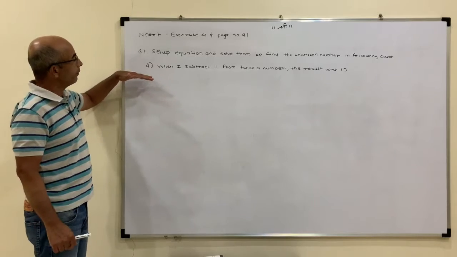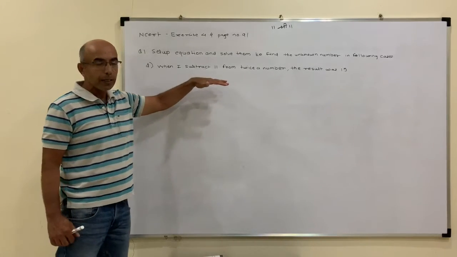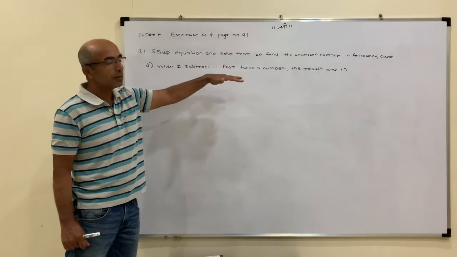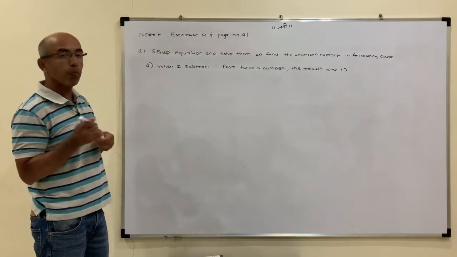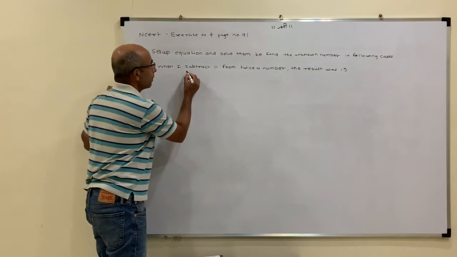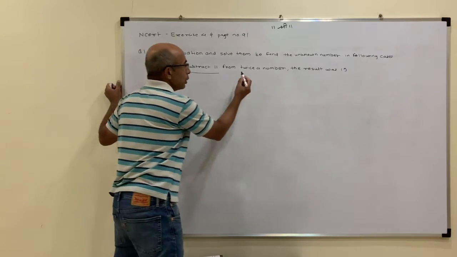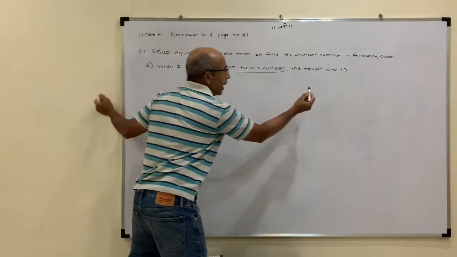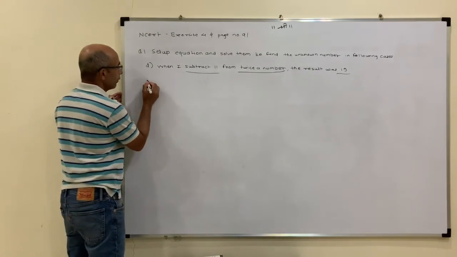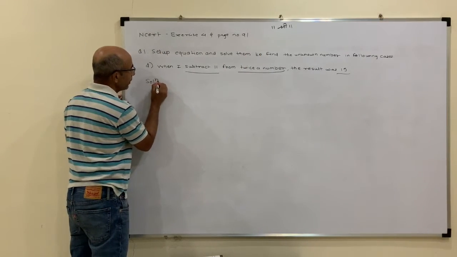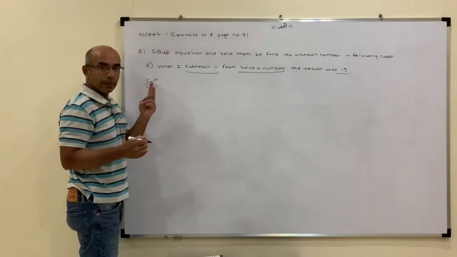Problem D. When I subtract 11 from twice a number, the result was 15. You need to pay attention to: subtract 11, twice a number, and 15. So again, while solving this problem, we will be doing it in 2 steps.